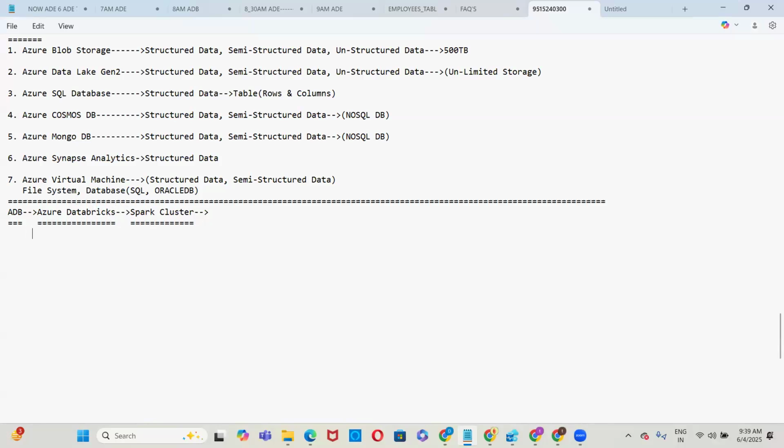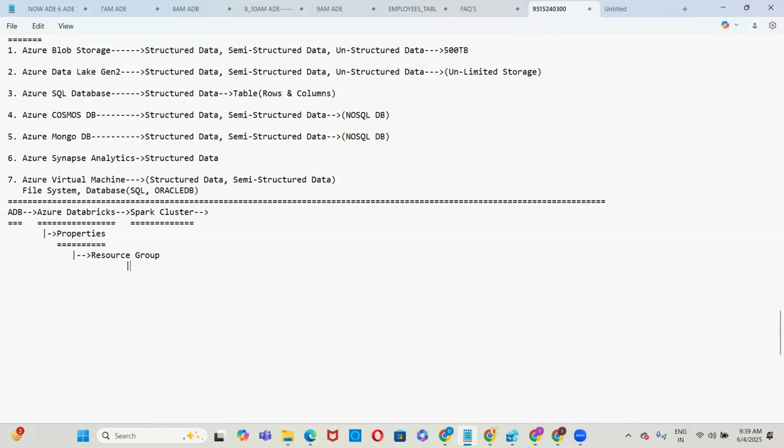But to use Databricks in Azure, we require to know some properties. The following properties are needed to use it here. The first one is the resource group.